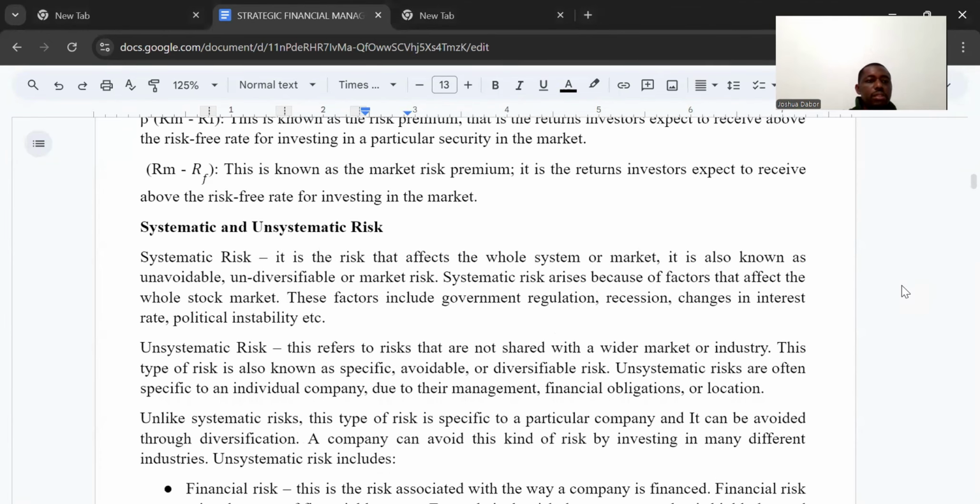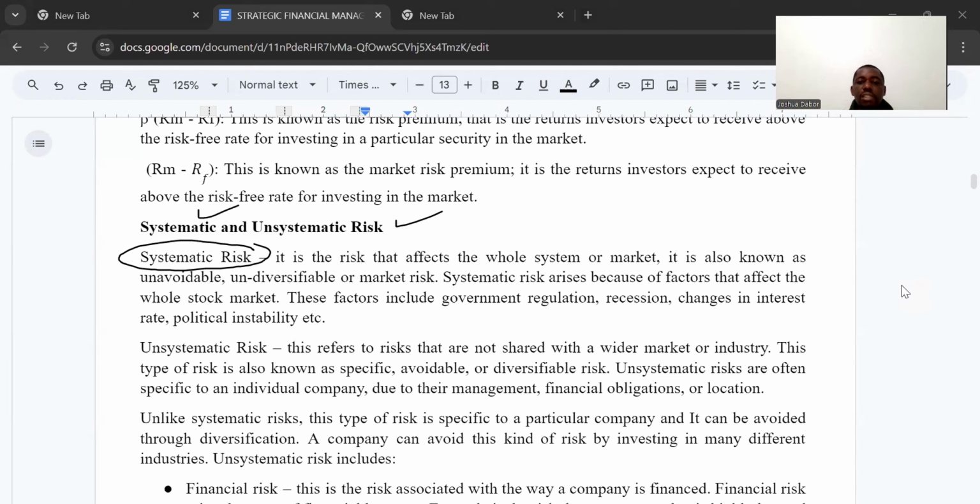So, types of risks. We have the systematic risk and the unsystematic risk. As I said earlier on, systematic risks are the risks that affect the whole market. Every company in the market is faced by that risk. Systematic risks can also be called unavoidable risks, undiversifiable risks, or market risk.